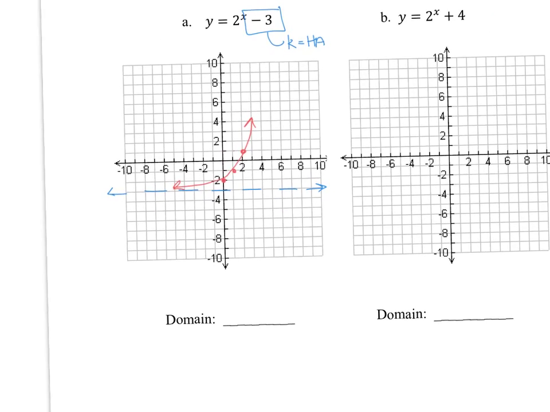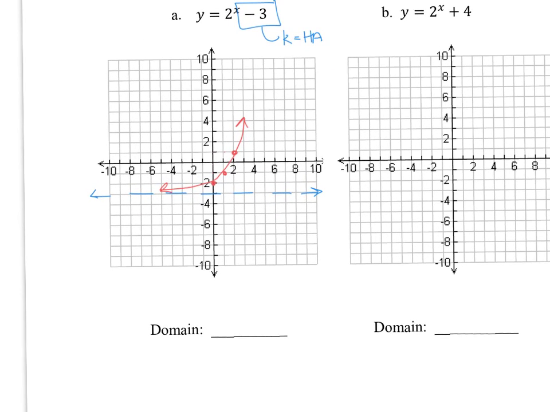Now, if I want to talk about domain and range, the domain is not going to change. It will always be -infinity to infinity unless we're looking at a certain type of data where you can't have negative days or negative people or a negative number. Otherwise, your domain is always going to be -infinity to infinity. But your range is going to be where you start with your horizontal asymptote. And remember, it's a parenthesis. We're not exactly able to hit that.